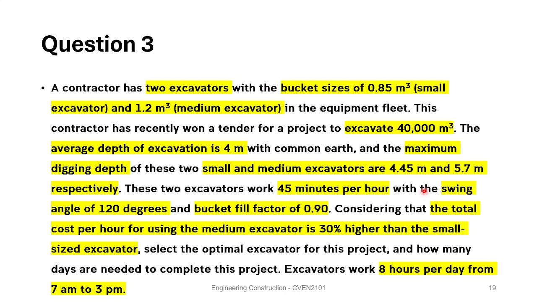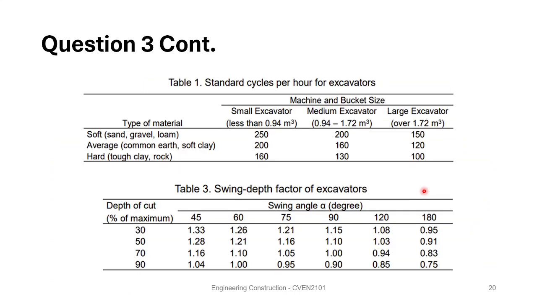Okay. So in table 1 and table 3 you have the standard cycles, the number of cycles for different excavators. So you just need to match the bucket sizes, and then you match the type of material. If it's not given, please pay attention, if it's not given, please use the average value, okay?